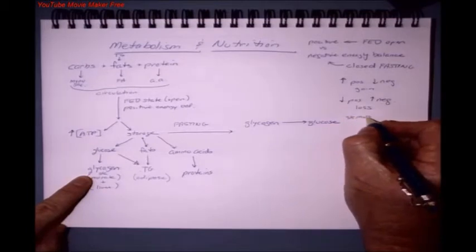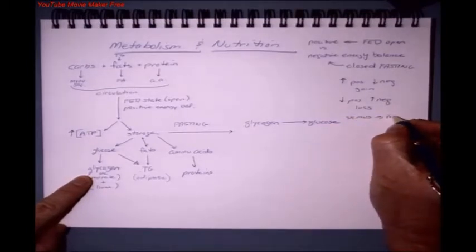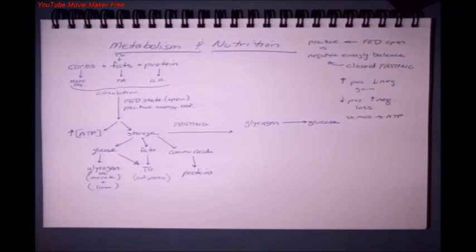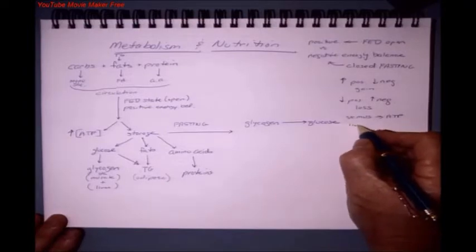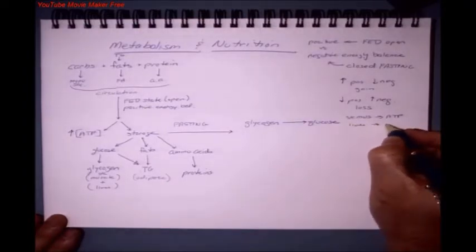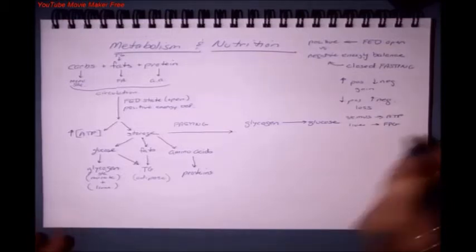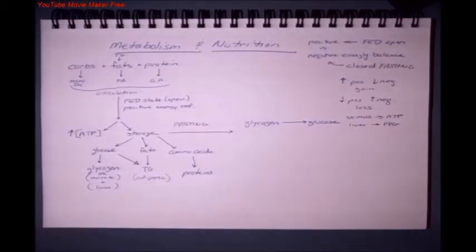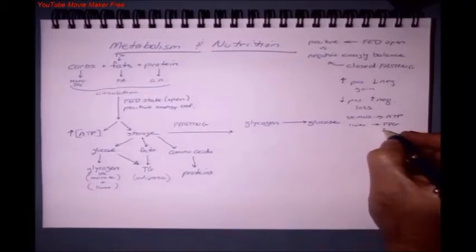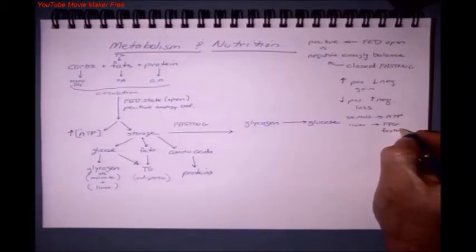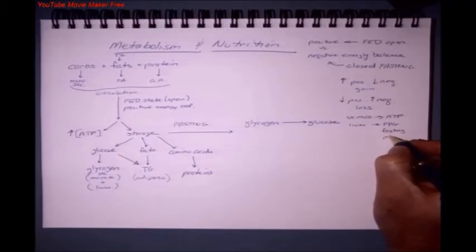Skeletal muscle simply is going to be using that released glucose from its own stores for energy. The liver is going to use its glycogen stores to maintain your fasting plasma glucose levels.